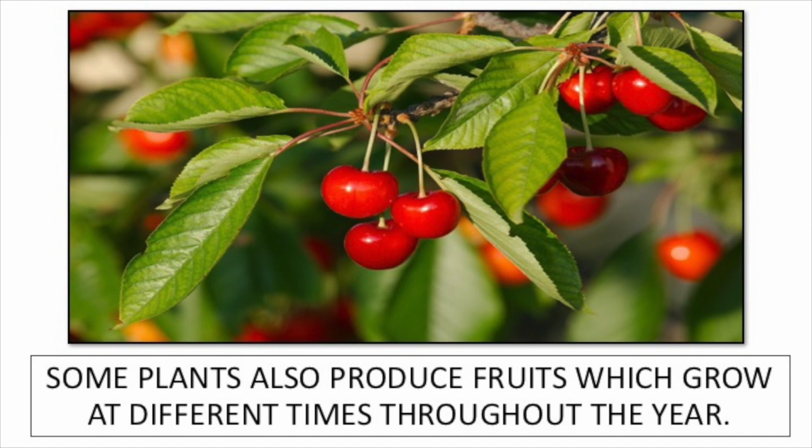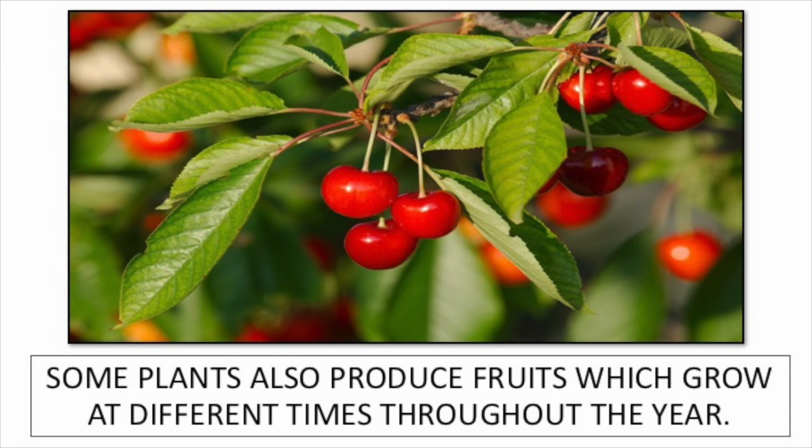And some plants also produce fruits, which grow at different times throughout the year. Yes, flowering plants can produce fruits, but they don't all produce fruits at the same time.